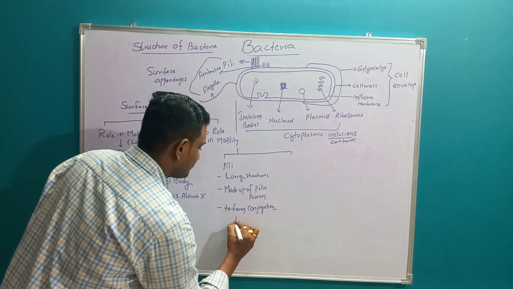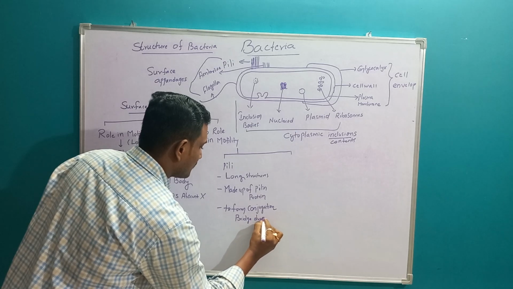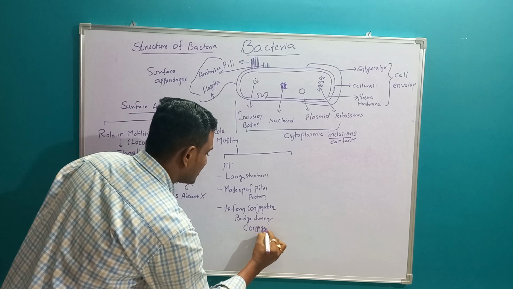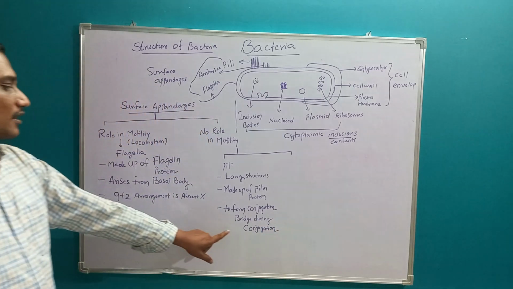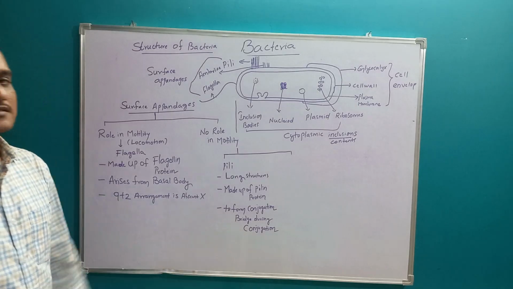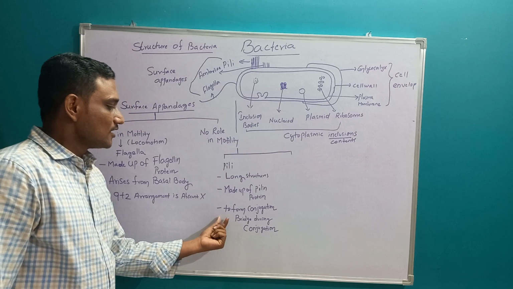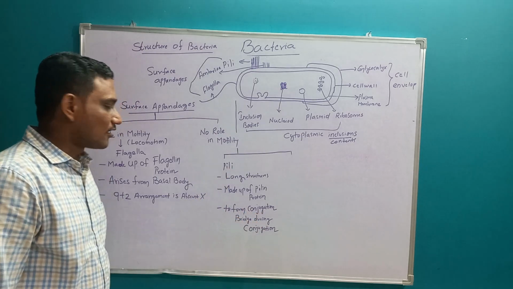Conjugation is one means of sexual reproduction in bacteria. Pili help to form the conjugation bridge during conjugation.